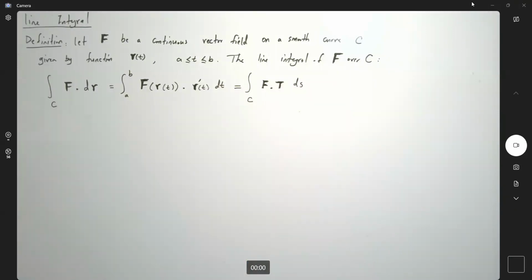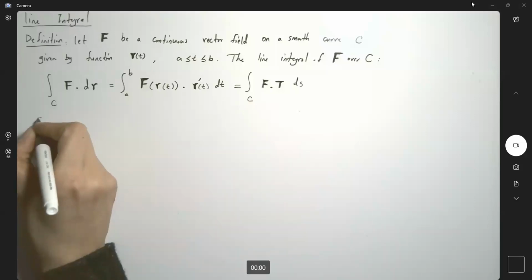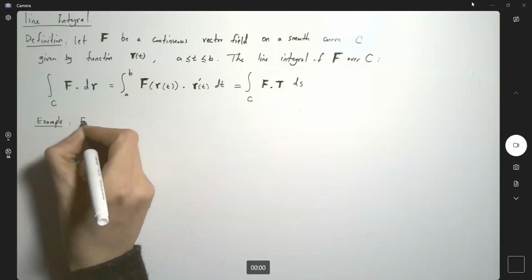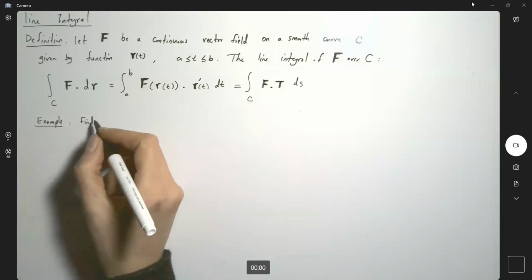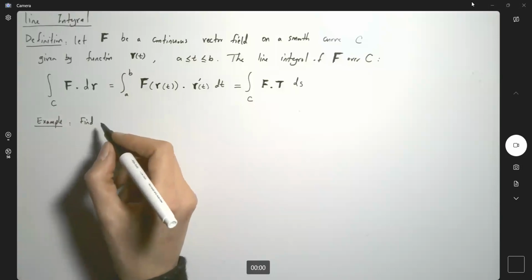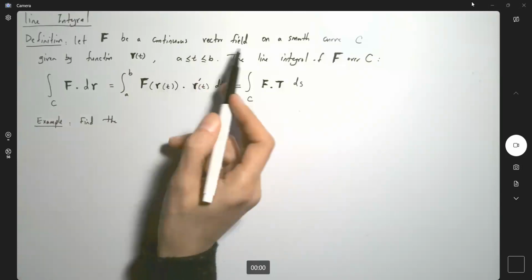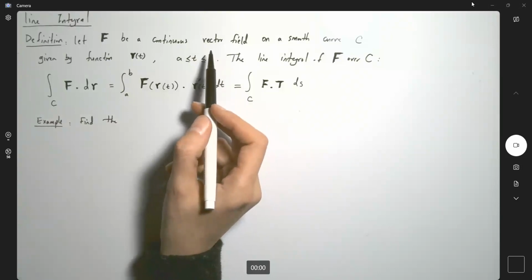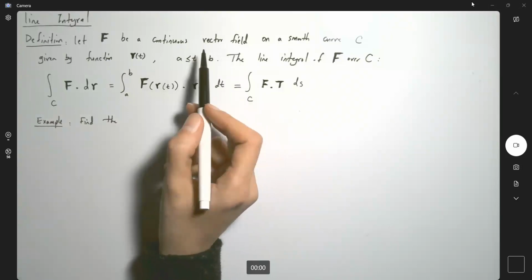So let me give you an example. You gave me the definition. Suppose I ask you to find the work done by the force field. Remember that when we talked about vector fields, we introduced some force fields like the gravitational field.